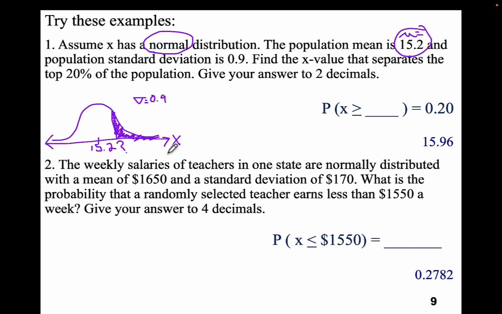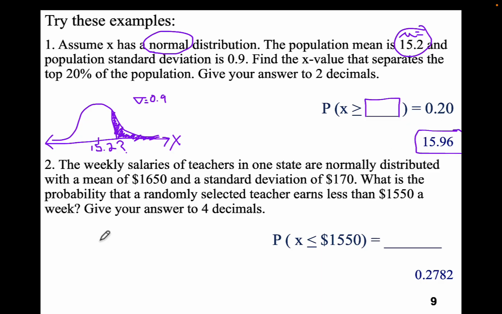Okay, when you went to StatCrunch, check, did your graph look like this? Did you have your notation set up with x is greater than or equal to, because look, we shade the greater than side. Did you leave this one blank? Did you provide it with the 20% or 0.2 after the equal sign? If you did all of that, when you hit compute, you'll get 15.96.